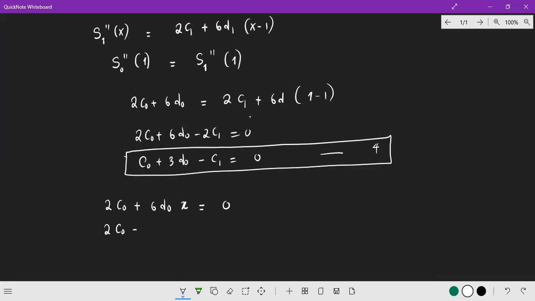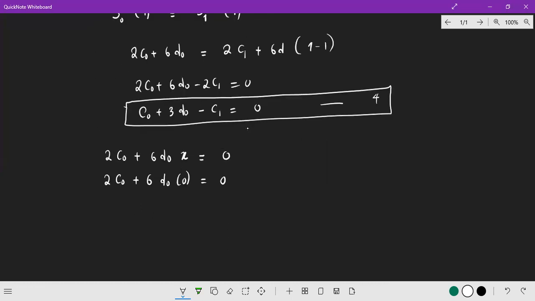And at the endpoint of S naught, x is equal to 0. So 6d naught times 0 is 0. So from this, you notice that our c naught is equal to 0. So we found our c naught. So how many unknowns do we have to go? We have 5 unknowns to go.